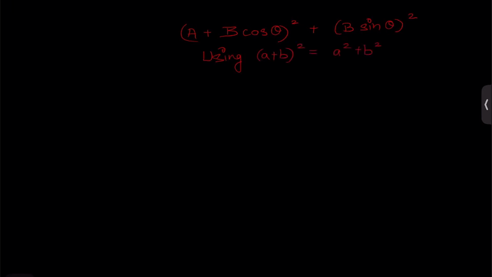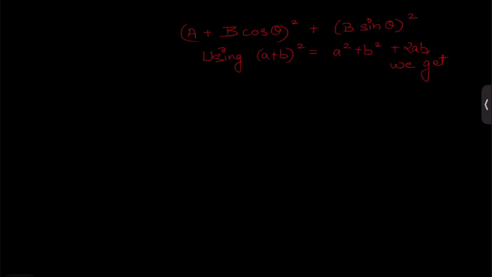So let us try to do that. We need to do A plus B cos theta whole square plus B sin theta whole square. Using the identity A plus B whole square is equal to A square plus B square plus 2AB, what can we get?